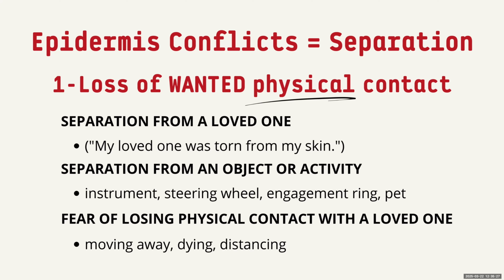If it presents on the inner aspects, what we call the flexure areas, such as the inner aspect of the arm or the inner aspect of the thighs, it's usually related to a loss of a wanted contact, either physical or emotional.